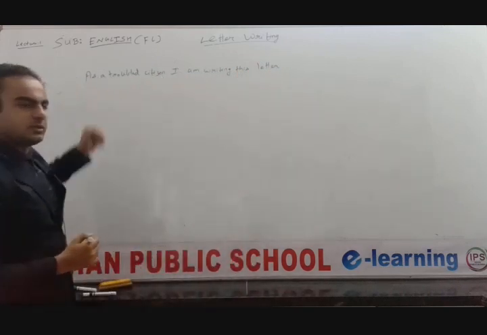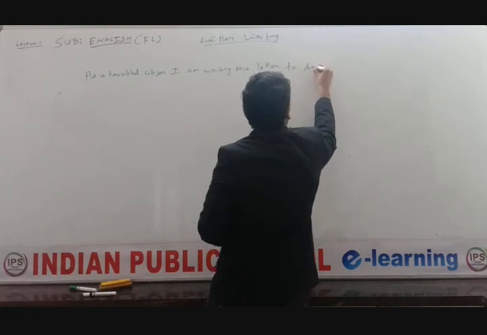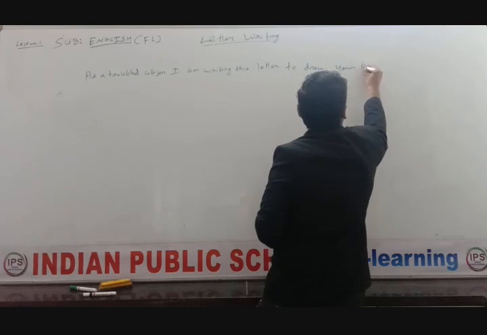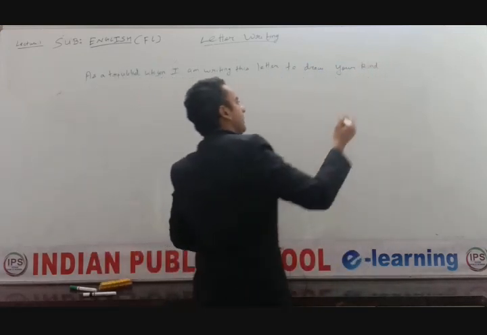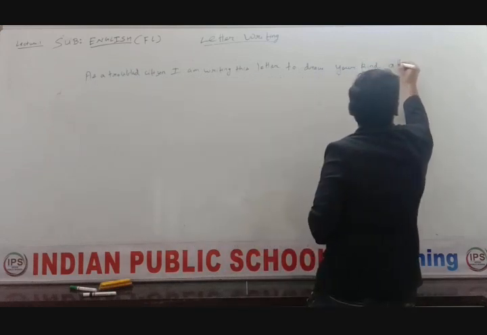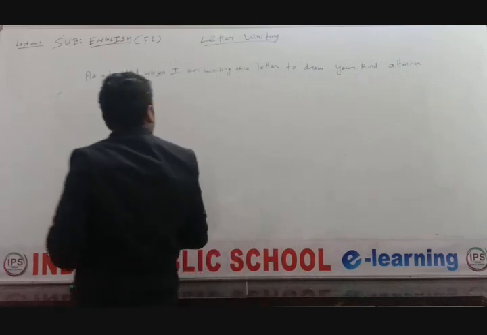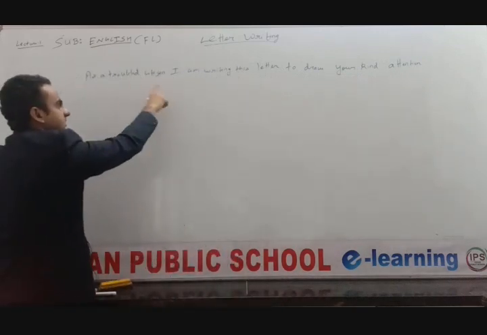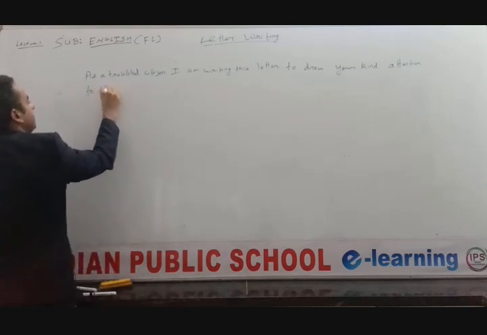As a troubled citizen, I am writing this letter to draw your kind attention. You have to use these words, right? To draw your kind attention. For what are you drawing the attention of the editor? For the subject. As a troubled citizen, I am writing this letter to draw your kind attention to the issue.